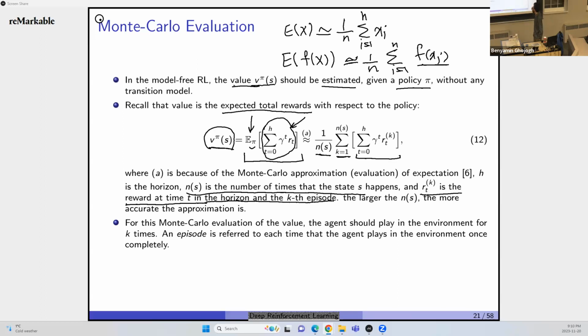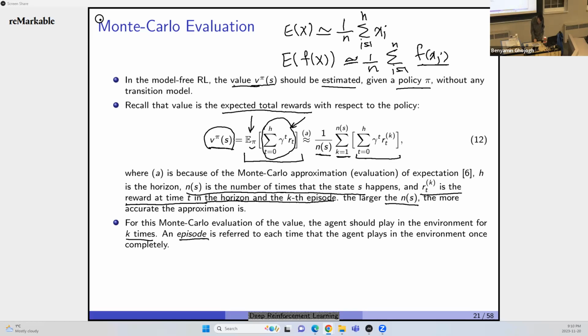N_S is the number of times that state S is happening, and the Monte Carlo approximation is an average over the number of times that the state is happening. The larger the N_S, the more I see the state S, the more accurate this approximation. So the agent should play in the environment for k times.